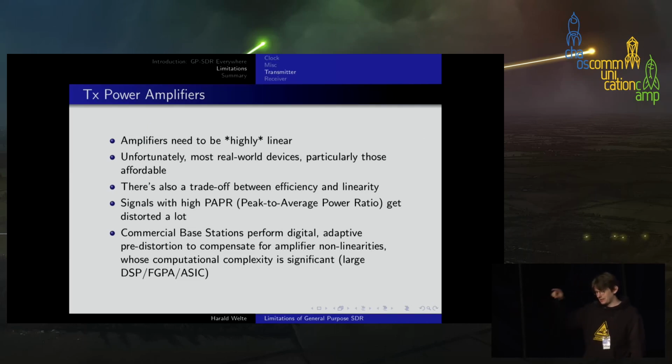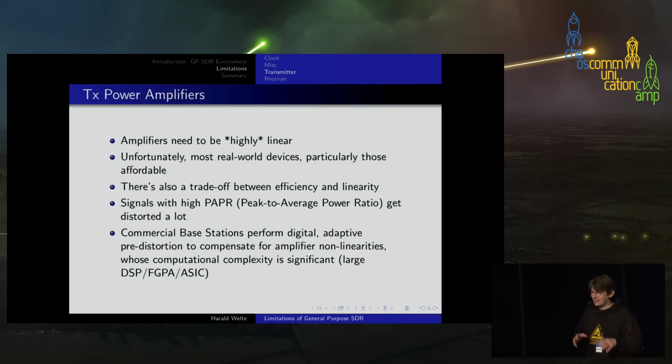And you do that as a continuous loop, because all of that, of course, depends on temperature and aging and all kinds of other nice effects. And I've heard, I mean, I'm not involved in those kinds of projects, but I've heard several times that at least a couple of years ago, the pre-distortion actually is more computationally complex than the system that they implement in the first place.